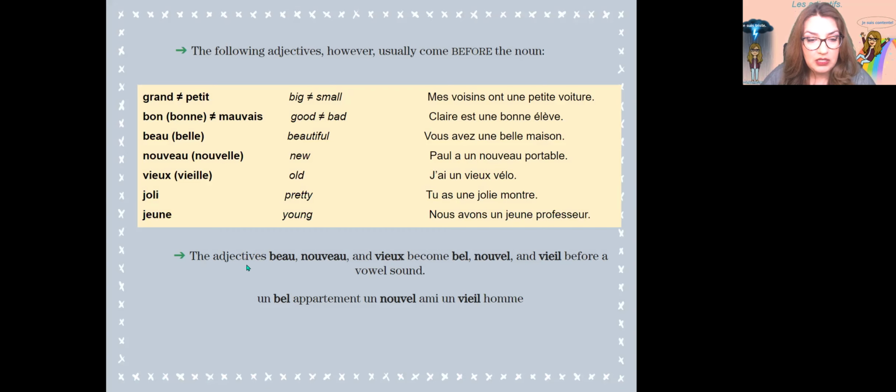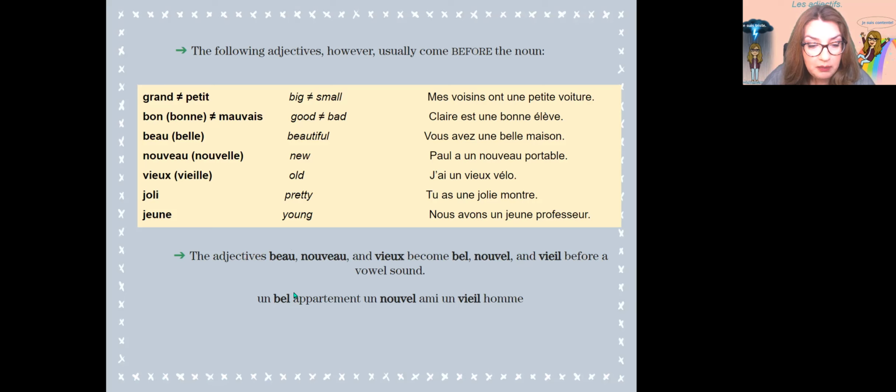Okay, so the adjectives beau, nouveau, and vieux, since they are irregular, become belle, nouvelle with two Ls, and vieille before a vowel sound, okay? Appartement means apartment, and starts with a vowel. If we want to say beau appartement, it's masculine, un appartement.